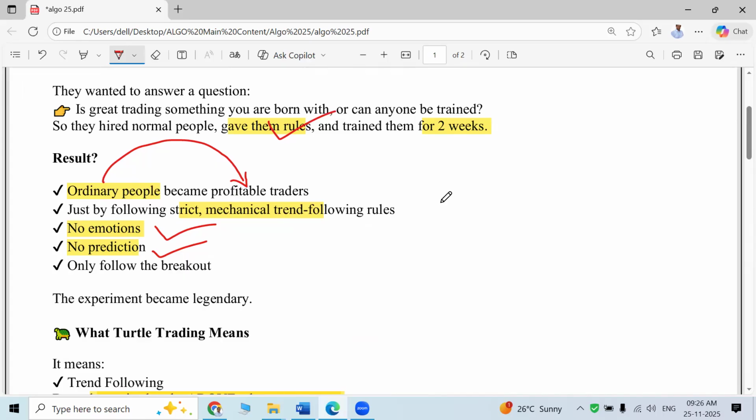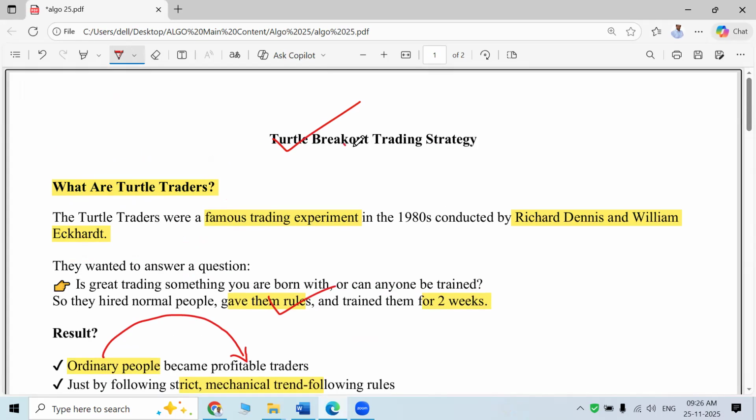They just follow the rule, and based on that rule, they trade. The best example was carried out in the 1980s. You can understand from here that this was before the technology. There was no technology, but still this was successful because there was a very simple rule. Normal people trading with the rules became profitable. A rule-based approach is always profitable.